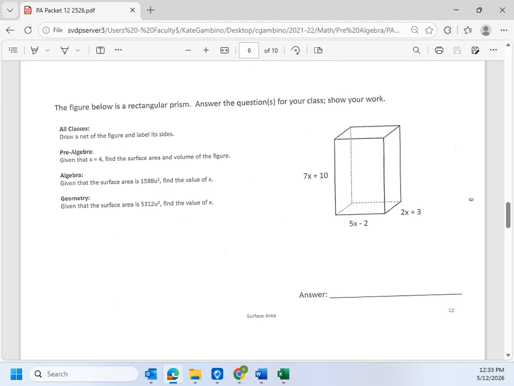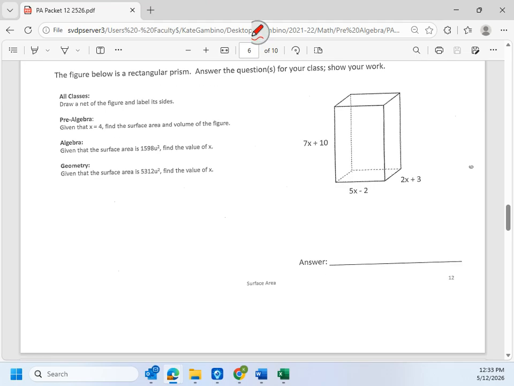Next page. X equals 4. So you need to put a 4 in for the X and do the math to find out what each side measurement is. Once you find that out, draw your net and label your sides correctly. Remember, we want to be able to fold that rectangular prism back up so all the sides match up how they're supposed to.